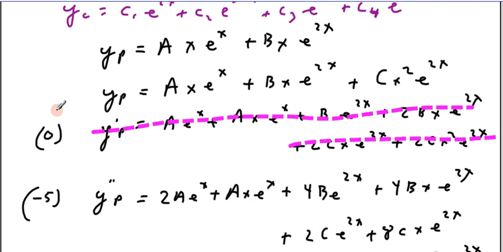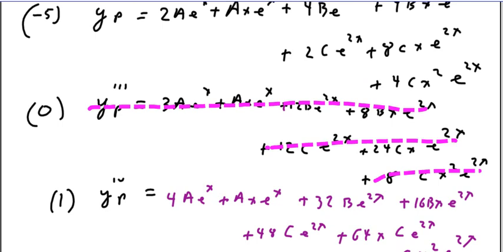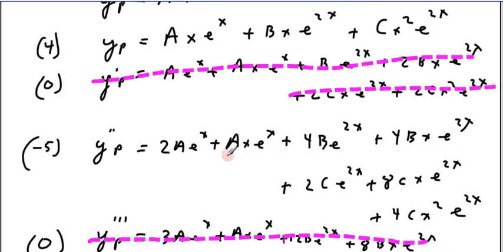And then I need 4 of that guy. Okay, so I got 4ax. I have minus 5ax, so that's 1ax. And then I have another ax down there. So my ax terms go away.